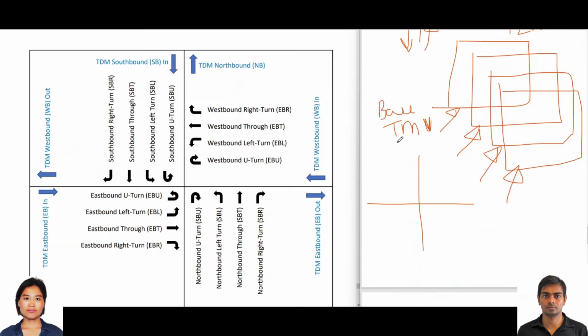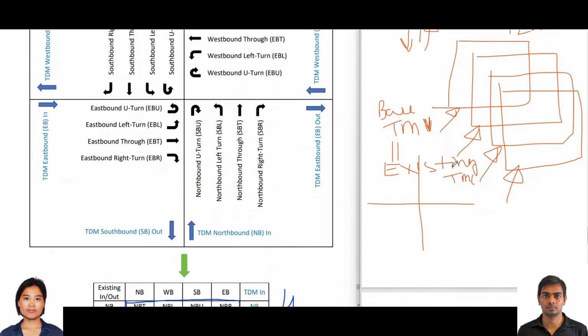So in 90% of cases, we set the base turning movement volume the same as the existing turning movement count. We just take the existing turning movement count and the link flows and try to match the link flows as well as the existing turning movement count.